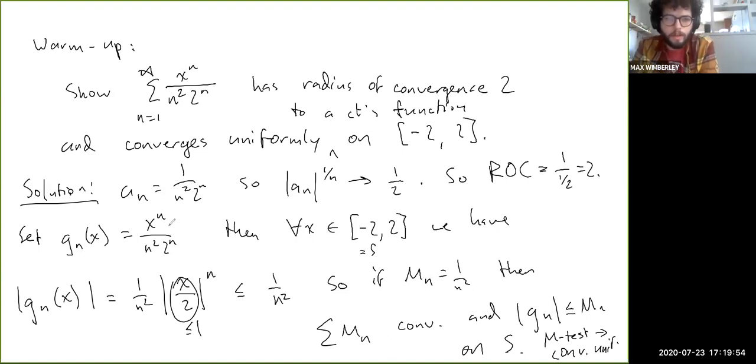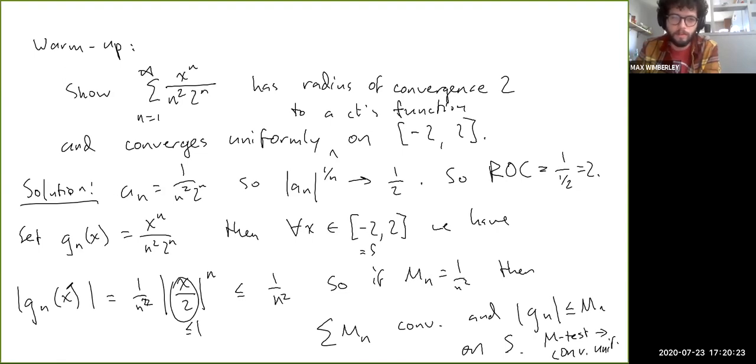And that's just it, right? You don't even have to muck around with first showing that it converges pointwise, and you don't even have to test the endpoints. You just have to calculate the radius of convergence, and then the M-test automatically gives you that the series not only converges pointwise on the entire interval, but that it actually converges uniformly on the entire interval.